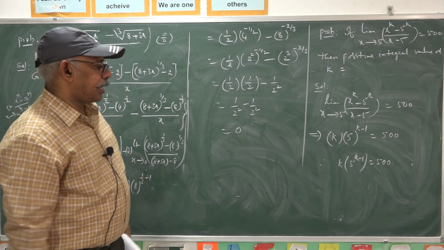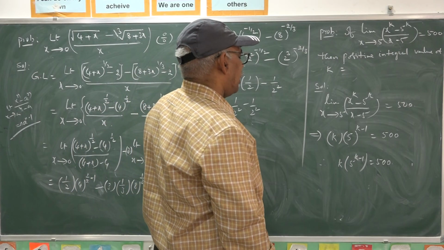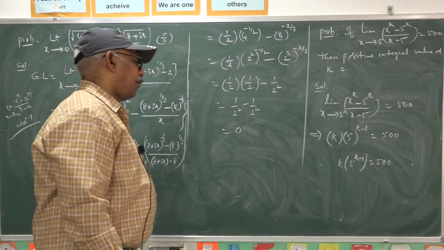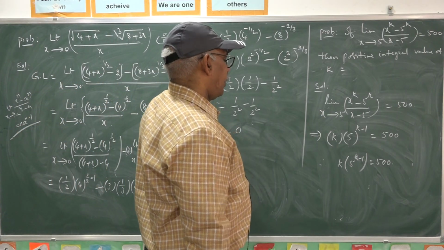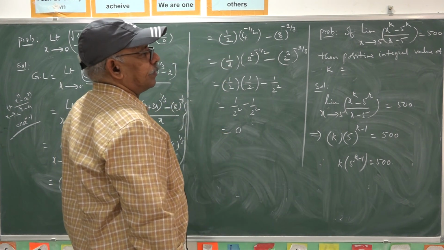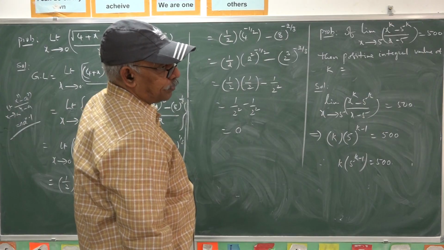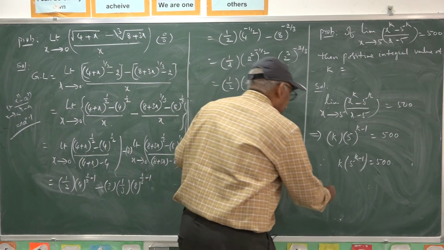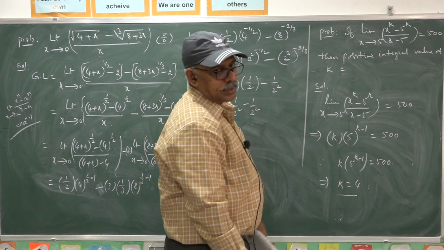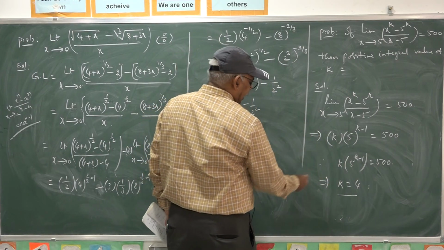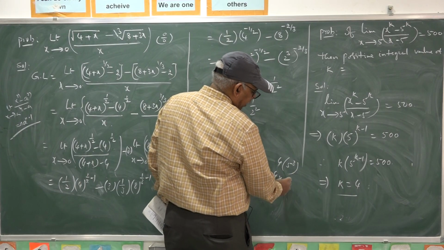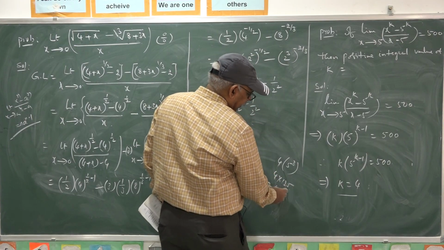Clearly, 500 is 4 into 125. So clearly, taking k equal to 4, you get this value, because once k equals 4, 4 into 5 cubed, 4 into 125, that gives us 500.